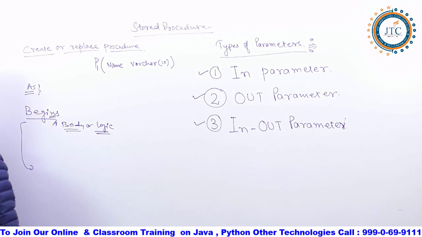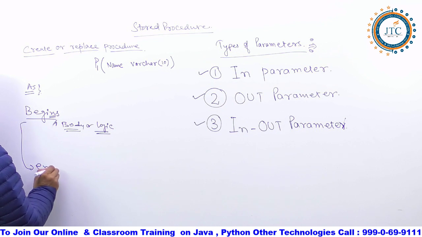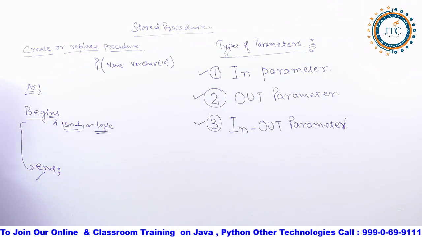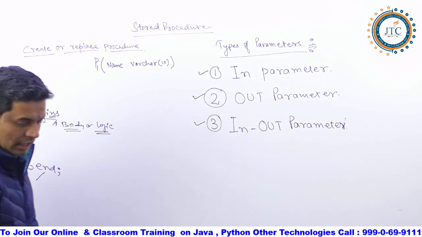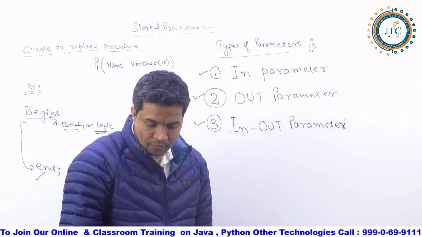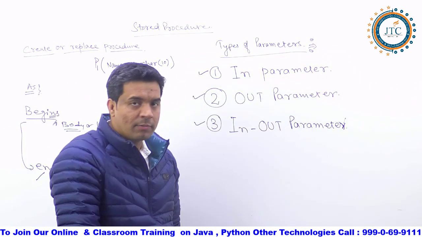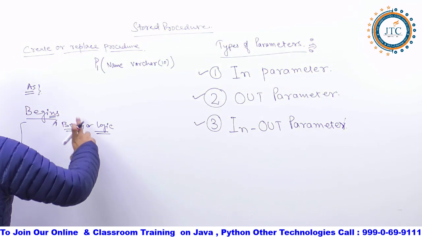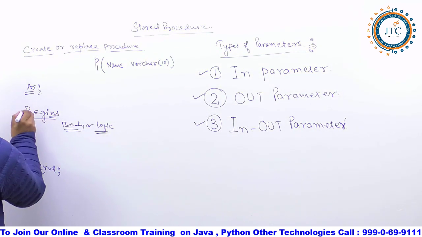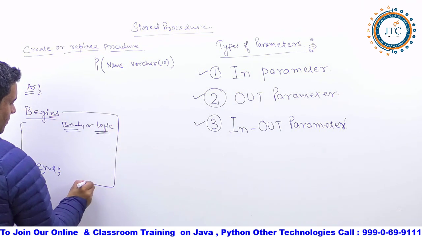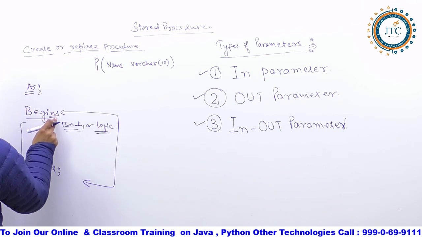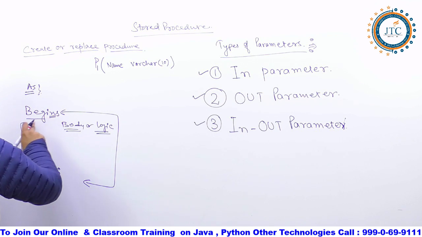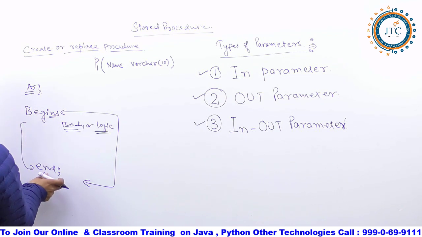And here you write END, and then you give this slash, which we call forward slash. See what happens here: END represents the BEGIN one. Whatever BEGIN you have written, this represents END, correct?